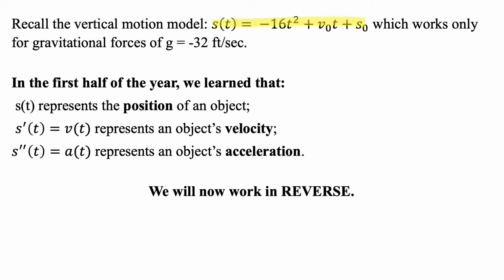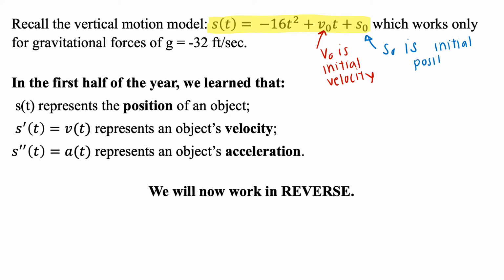S of t is equal to negative 16t squared plus v sub 0 times t, where v sub 0 here is our initial velocity, plus s sub 0, where s sub 0 is your initial position, which works when you have that gravitational force.